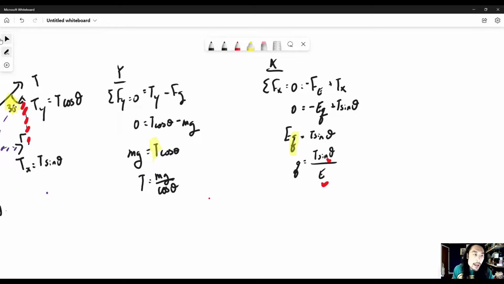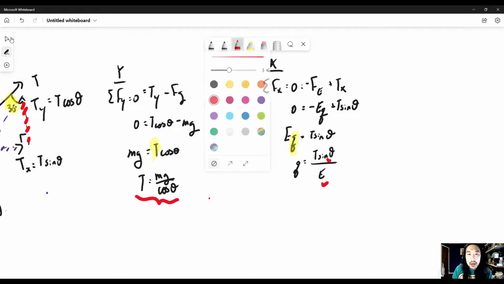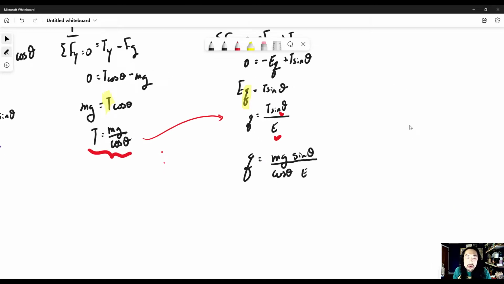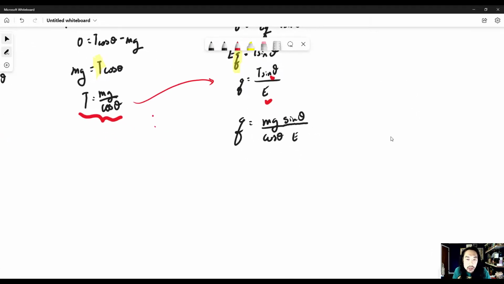Okay? Now, at this point, what we can do is just substitute in what we just found over here for tension into this formula over there. So we get charge is equal to mg sine theta, cosine theta times E, all divided by E. If the problem was looking for you to solve it in variable form and variable form only, this will be it.